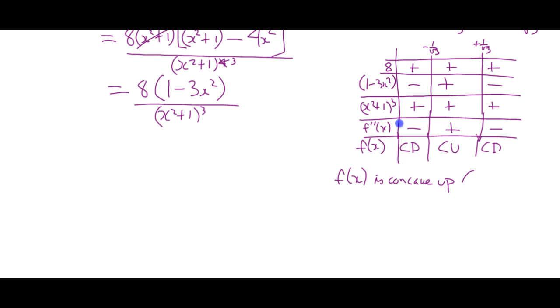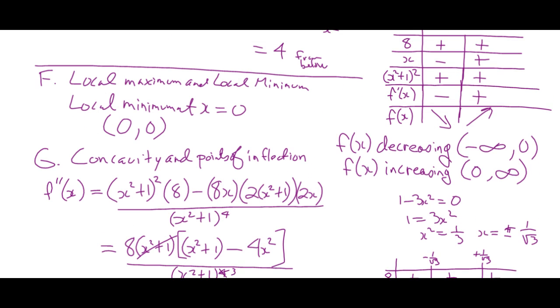Concave up on negative 1 over root 3 to 1 over root 3, and concave down on negative infinity to negative 1 over root 3 and 1 over root 3 to infinity. And that's a U in between there. You better take it on faith, because I can't go in and clean that up.